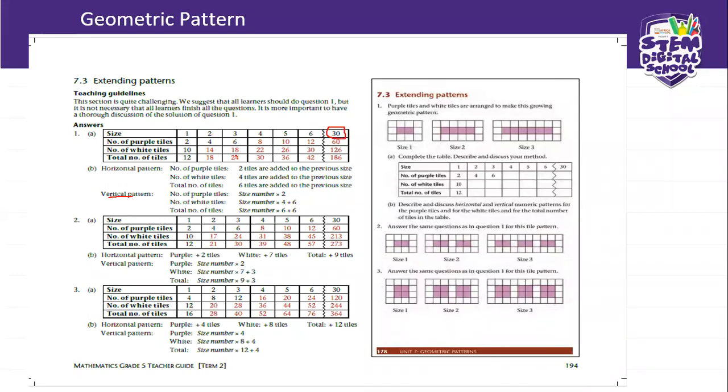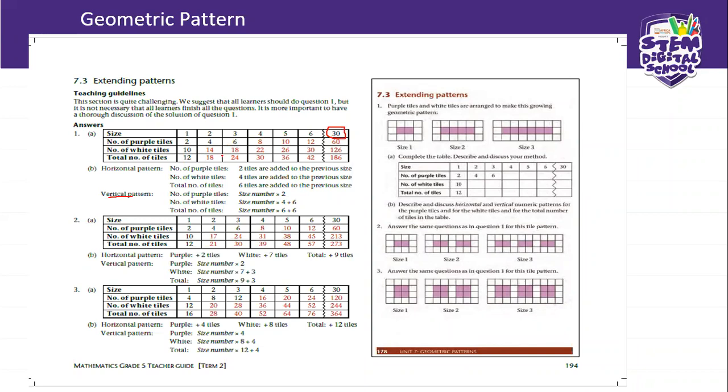So what we are trying to do is establish a general rule for all the numbers using the size number. I have 4. I multiply 4 times 4 is 16, plus 6 is 22. You understand? We move on.